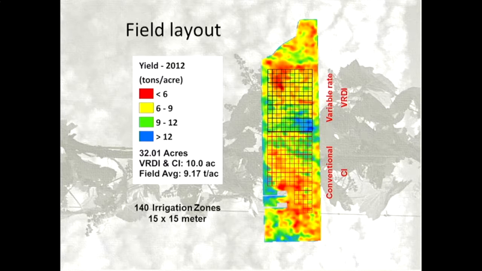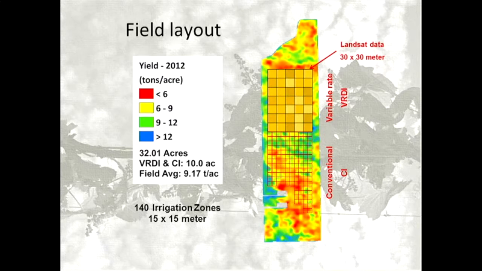And we picked this area specifically in some ways because if you look at the variable rate system on the top, you have a really low yielding section in the northeast or the northwest, and a really high yielding section in the southeast. And we have similar patterns of variability in the southern part.